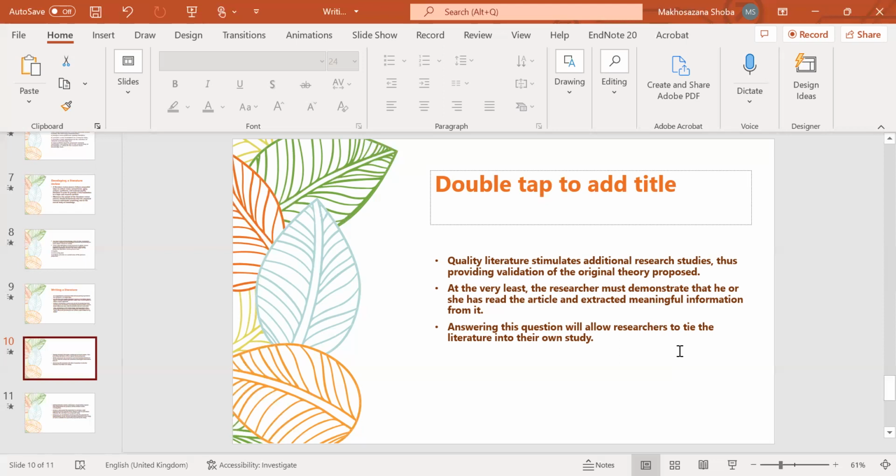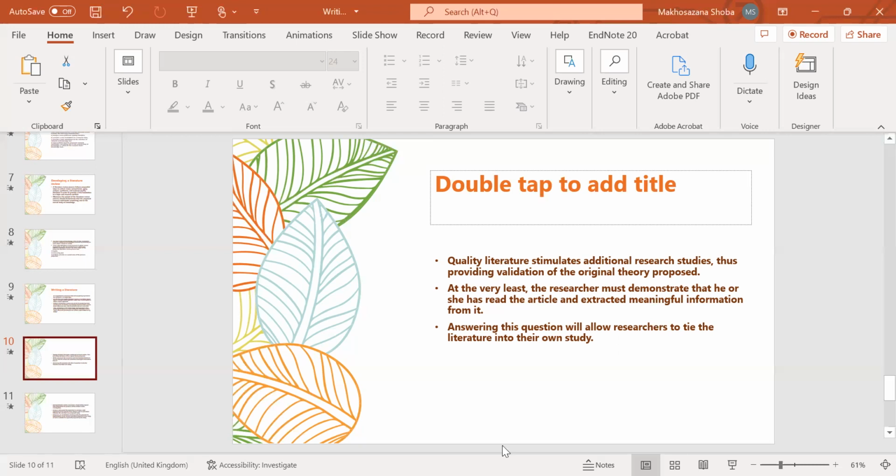At the very least, the researcher must demonstrate that he or she has read the article and extracted meaningful information from it. I've explained that it's important to know your literature, to know the meaning and the significance of the information being reported.